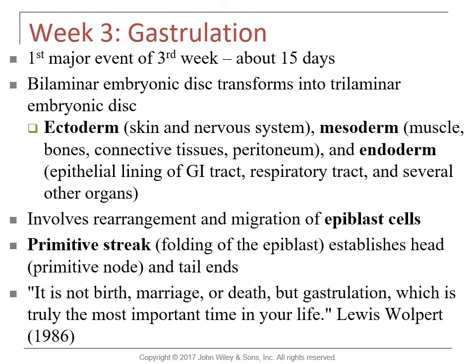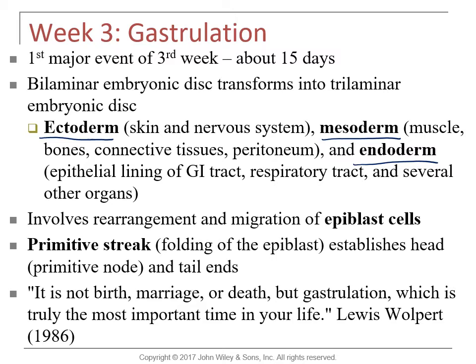So here the bilaminar embryonic disc, which has 2 layers, transforms into a trilaminar embryonic disc, a 3-layered disc consisting of the ectoderm, the mesoderm, and the endoderm. These primary germ layers are the major embryonic tissues from which the various tissues and organs of the body develop.